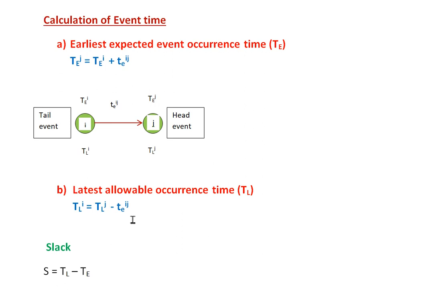That means we subtract the time duration from the latest allowable occurrence time of the head event to determine the latest allowable occurrence time of the tail event.